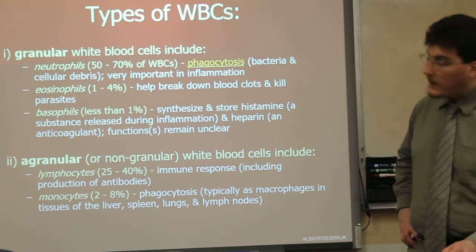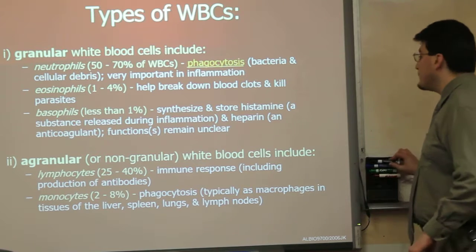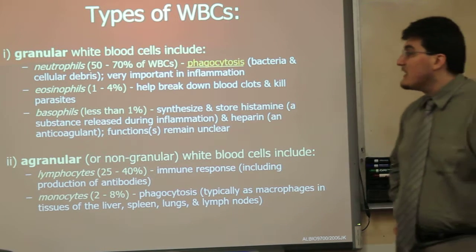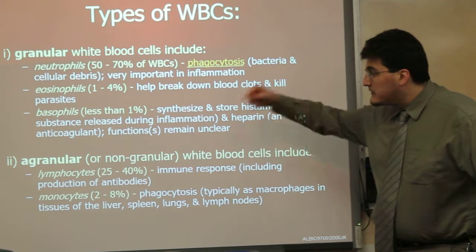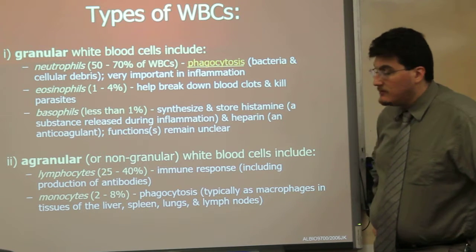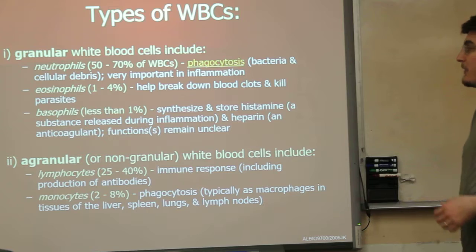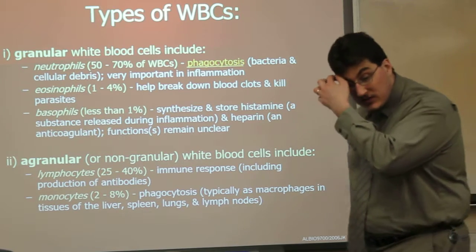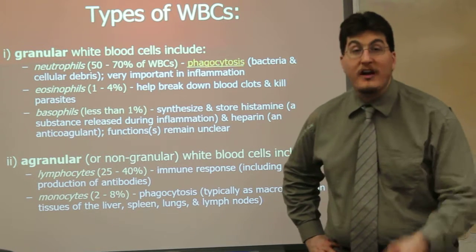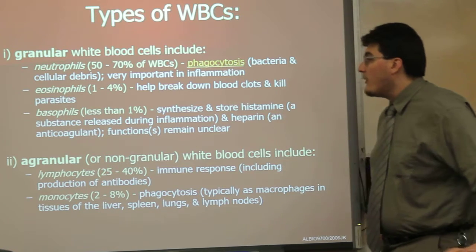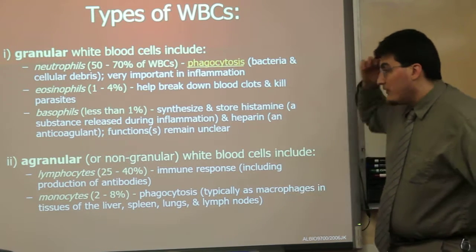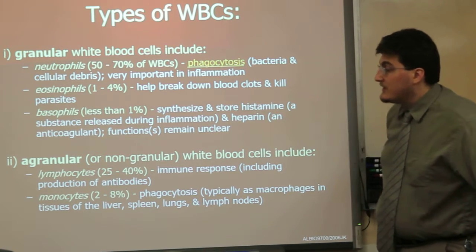Basophils are less than 1% of your white blood cells, and they synthesize and store histamine, a substance that is released during inflammation, and they also make heparin, which is an anticoagulant compound. The other functions of basophils remain somewhat unclear. Now, agranular cells, like lymphocytes and monocytes.